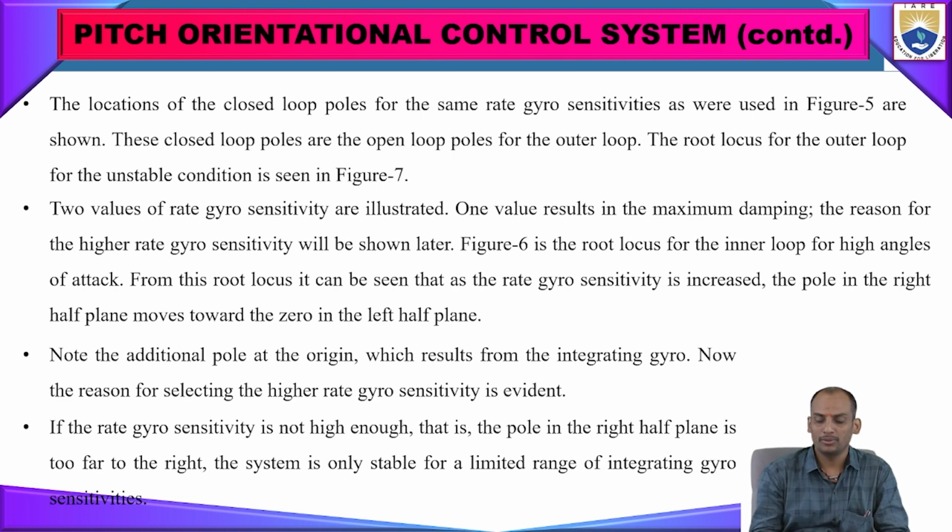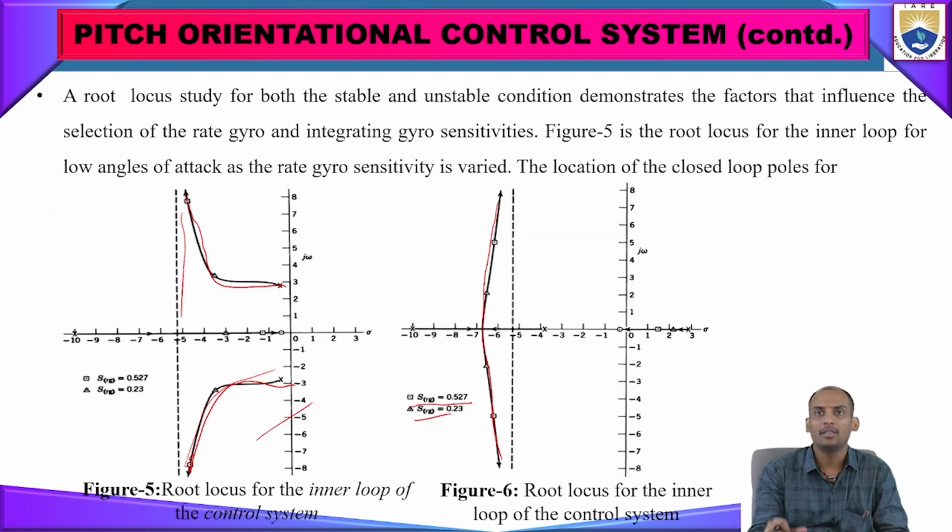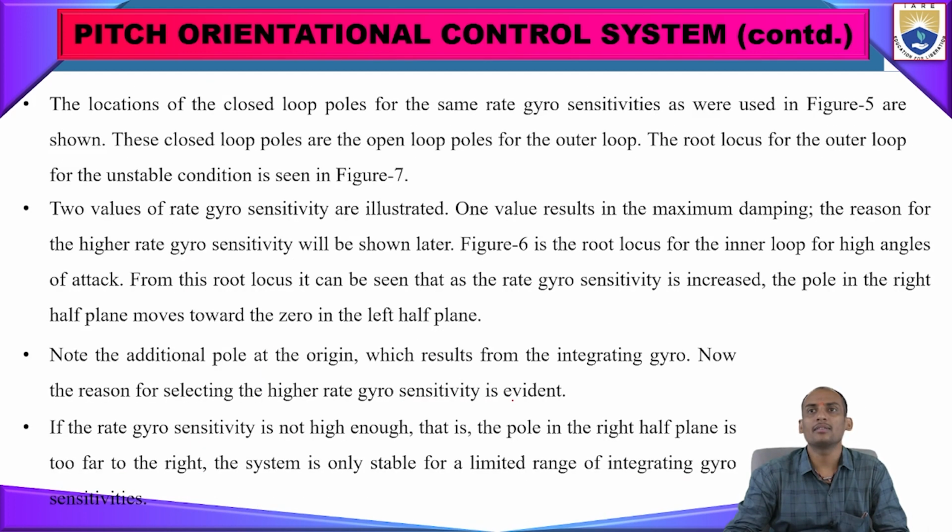Here in figure 6, this is the root locus for the inner loop for a higher angle of attack, where the rate gyro sensitivity has been increased. The pole in the right half plane moves towards the zero in the left half plane.